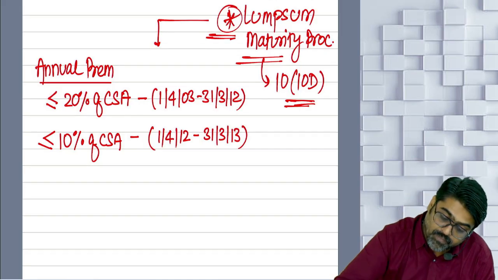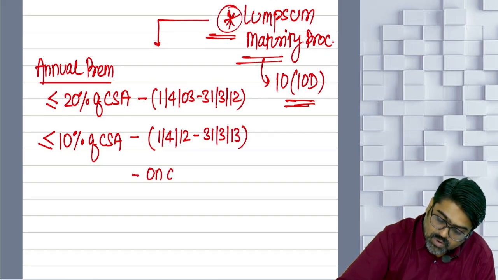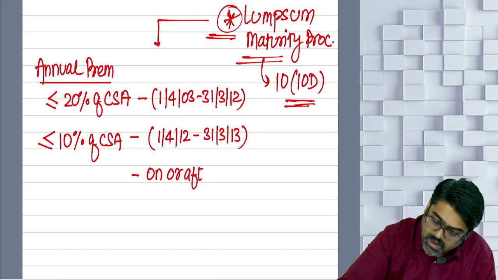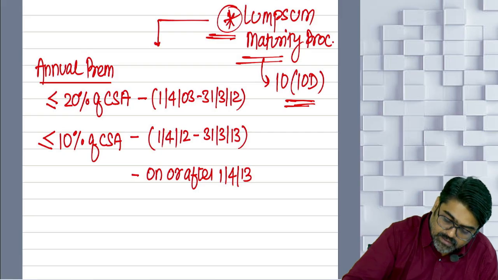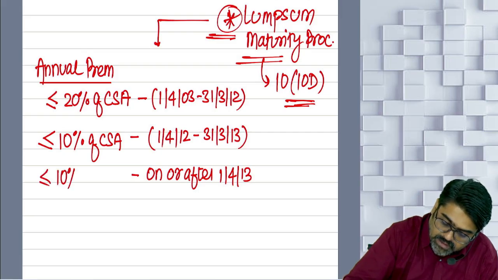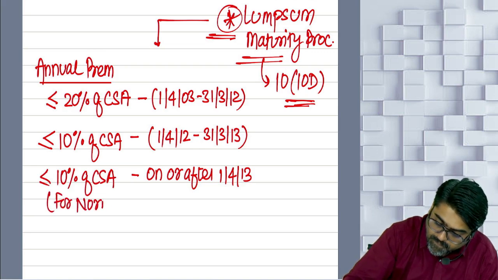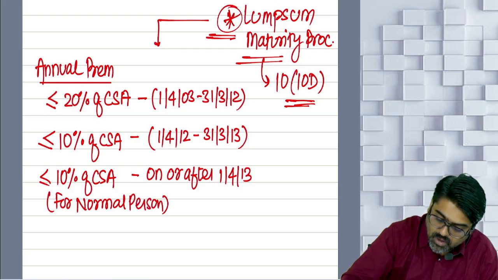But if the policy is issued on or after 1st April 2013, then also it is 10% of capital sum assured for a normal person.